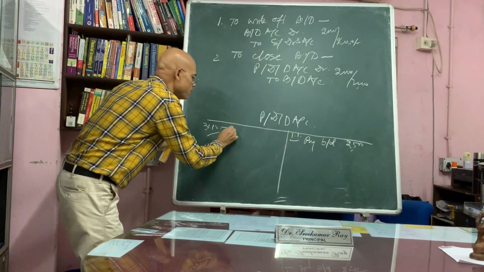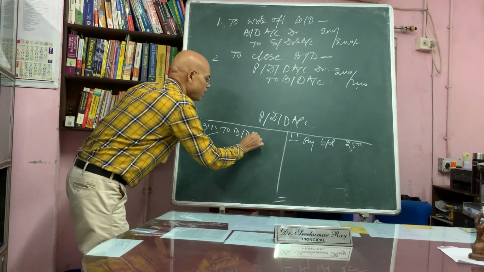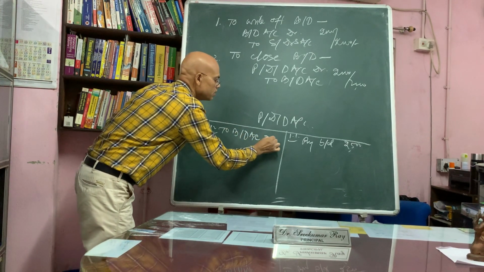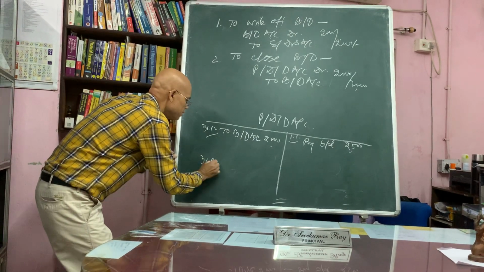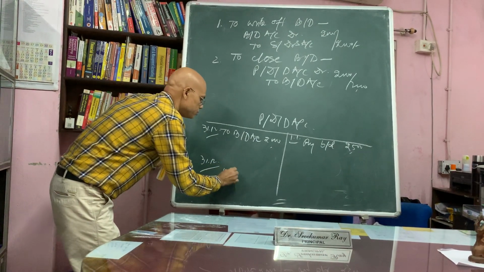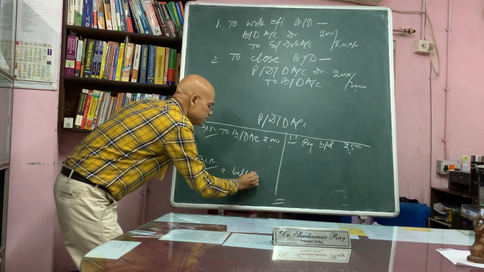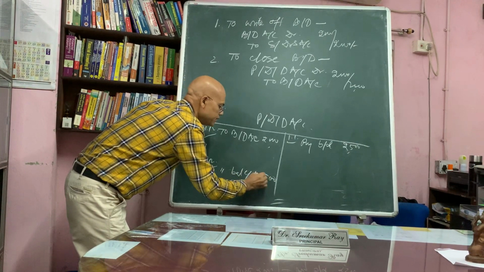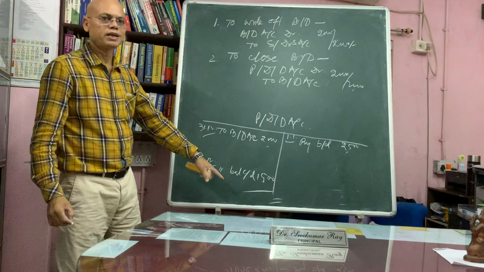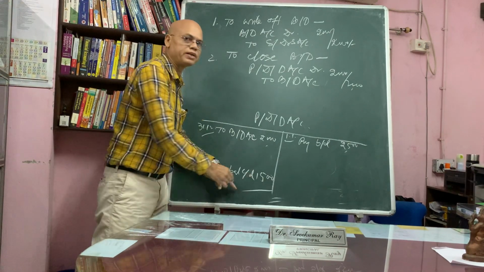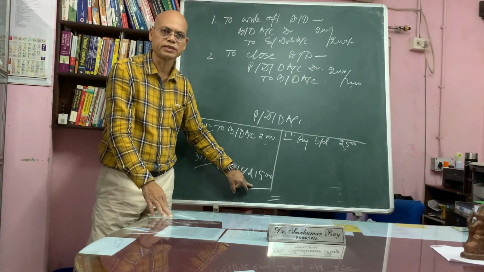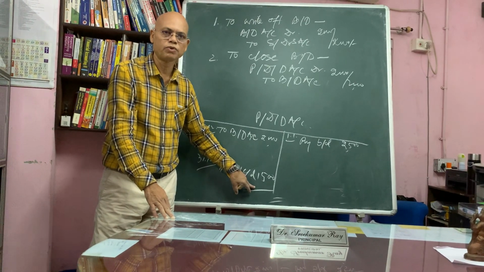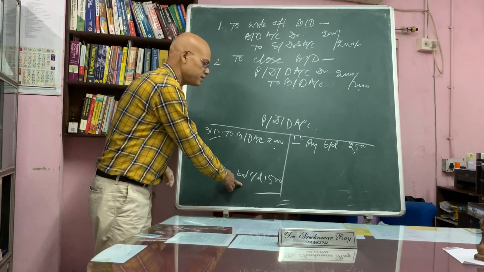Bad debt account 2000, and closing provision for doubtful debt, to balance CD. I had written in the last example 1500. Suppose it is given in the sum 5% to be maintained on closing debtors for provision for doubtful debt. Then the closing balance is this.